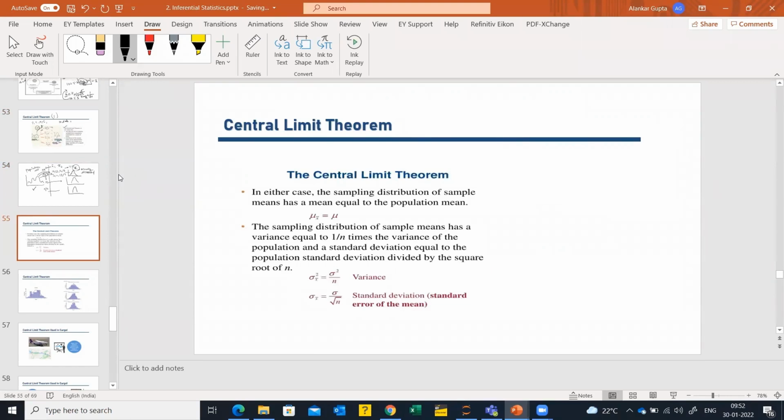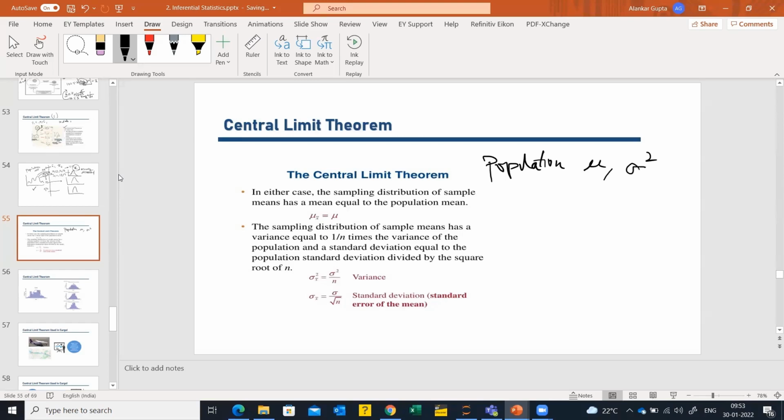Let's say that the particular population has a mean of say mu, and the variance is say sigma square.